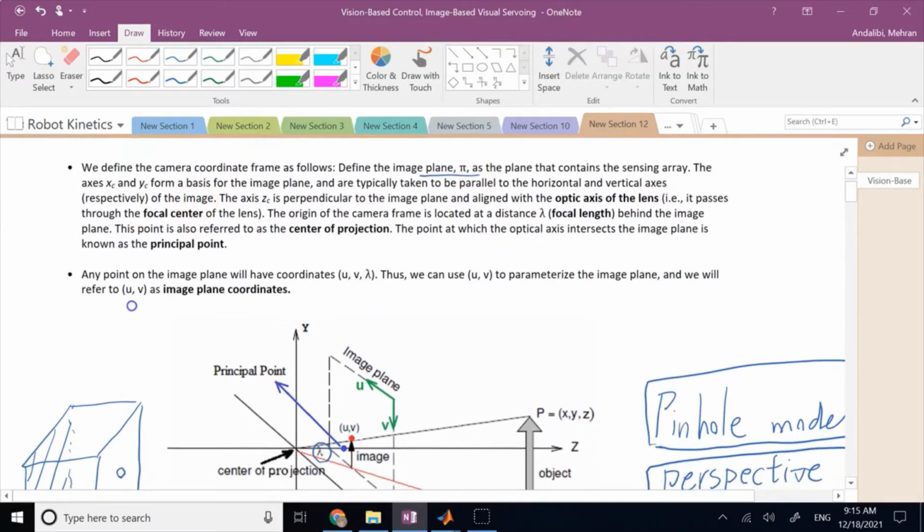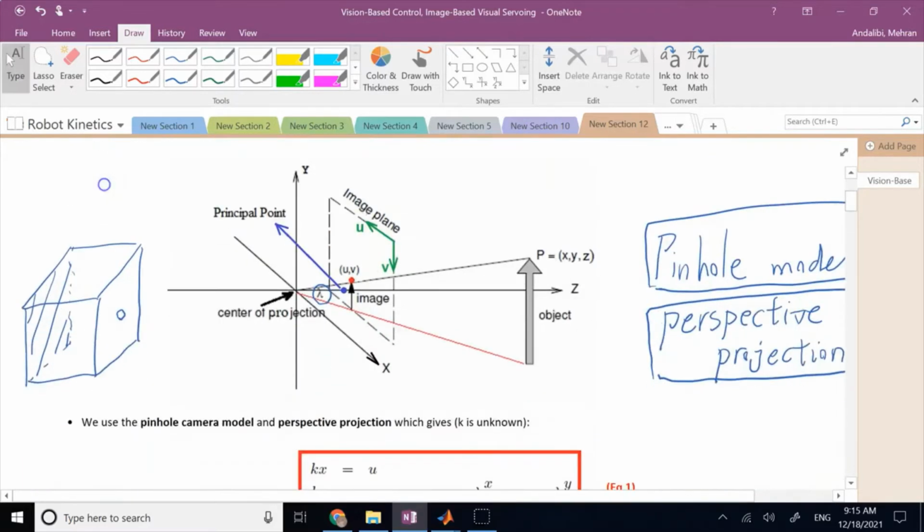And if you have an object here in front of the camera, like this arrow, for example, how is it going to be projected on the camera? So the rays coming from different points on the object are going to reach this plane, right?